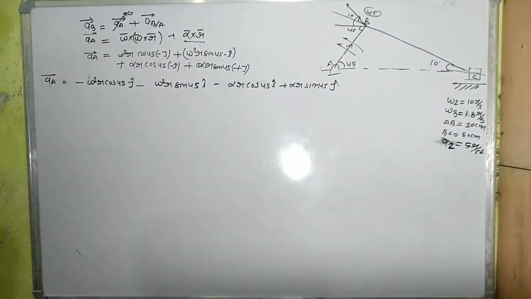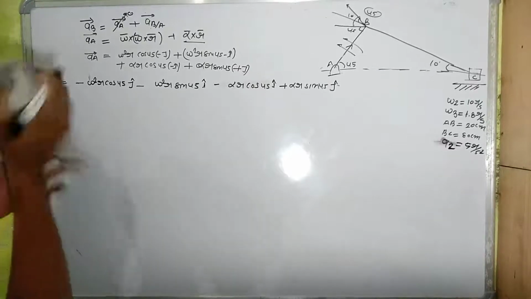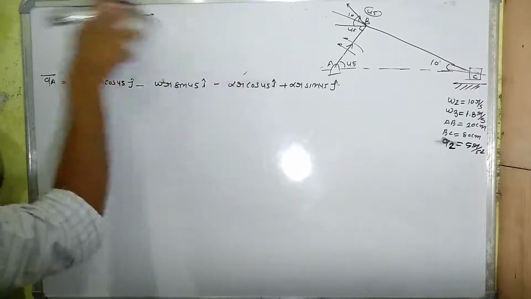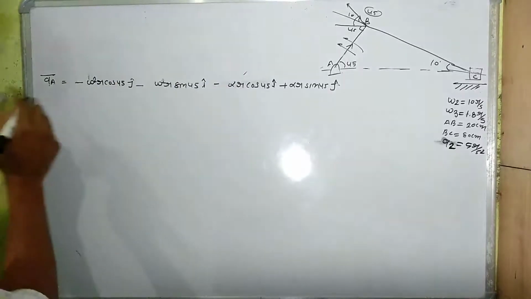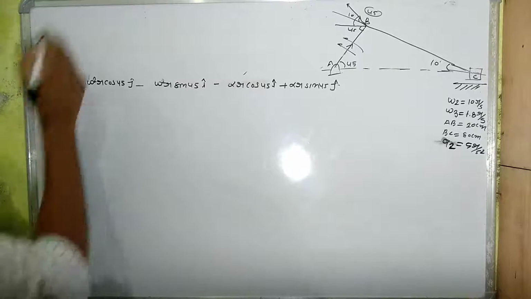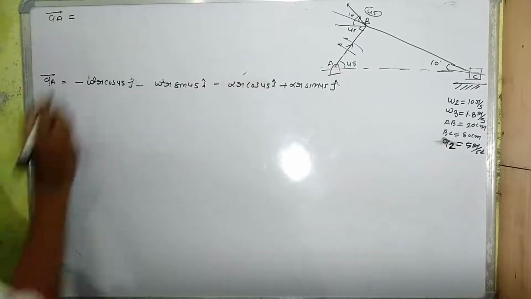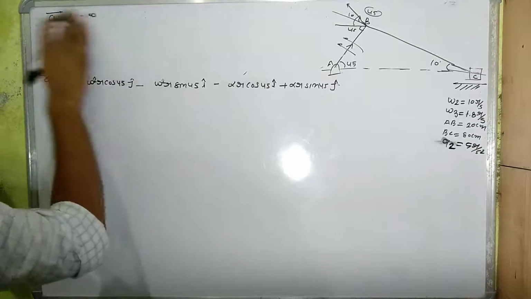Okay, now I am reviewing all this part and leaving only this part. So look at here, what is the acceleration of A? Acceleration of A is equal to minus omega.